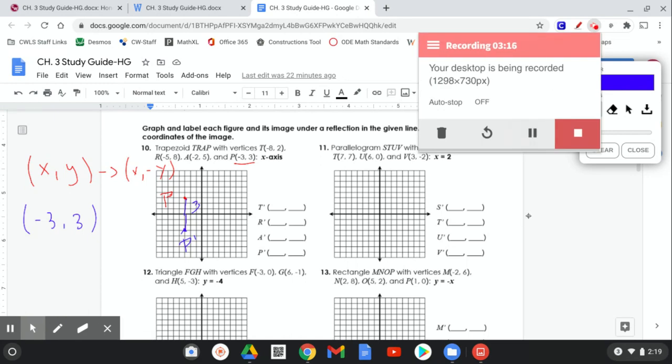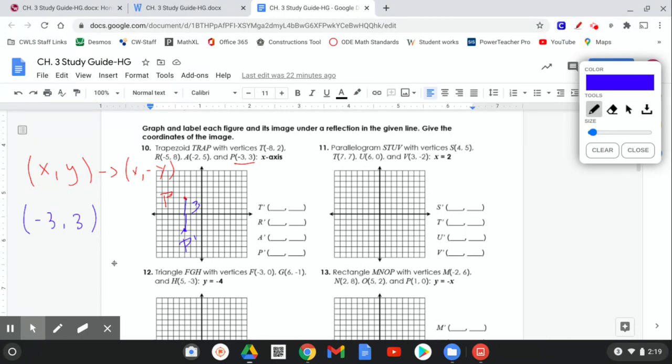All right, guys, so that is what we're looking for, P prime, okay? We take this -3, 3, use this reflection rule and change it so that it becomes -3, -3, okay? So either way, you can find the coordinate for P prime.